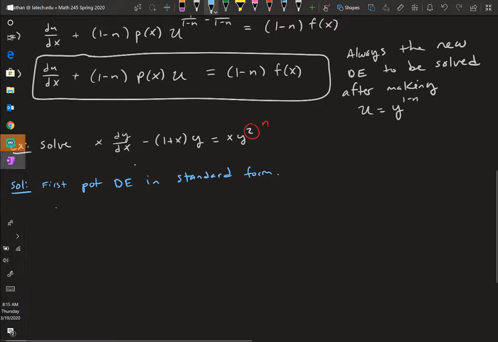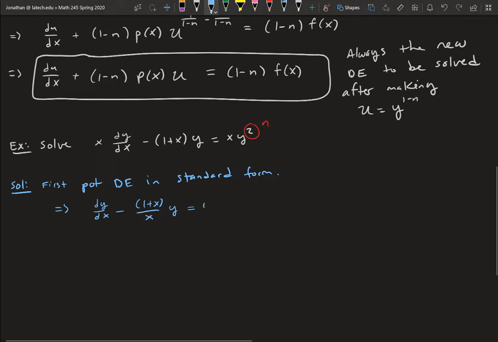So then that would mean we get dy dx minus 1 plus x over x y equals y squared. So we're going to make the substitution u equals y to the 1 minus 2, which is y to the negative 1, which is 1 over y.